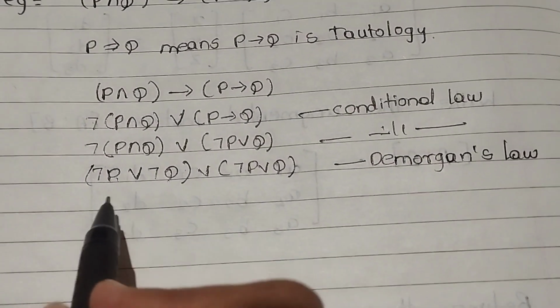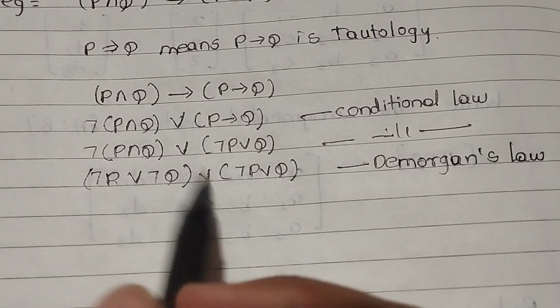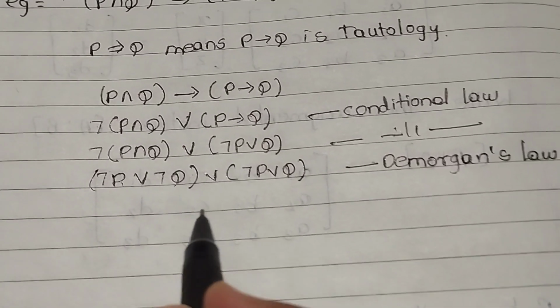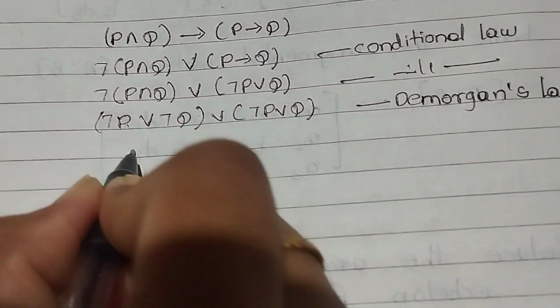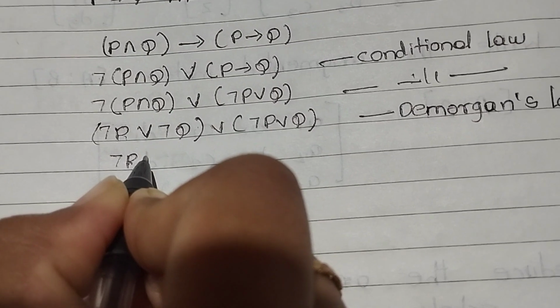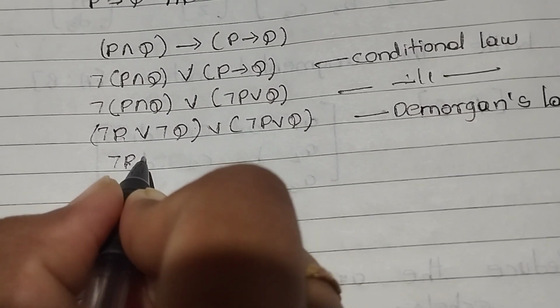Now observe neatly, all the connectives are OR. So we remove the brackets because they have no effect on the result.